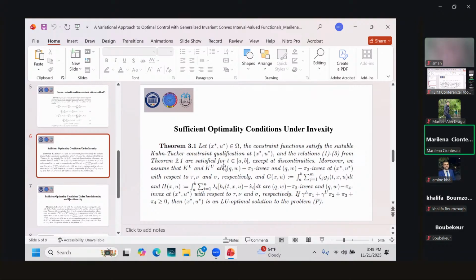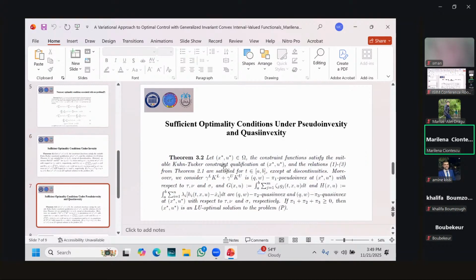And moreover, we have some functionals under the assumption of convexity. If this inequality is satisfied, then we can say that this feasible solution for our problem P becomes an LU optimal solution to our problem P.